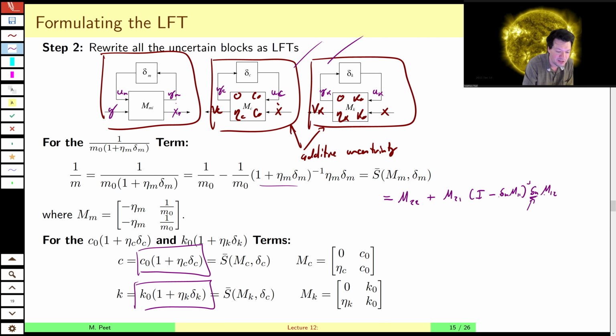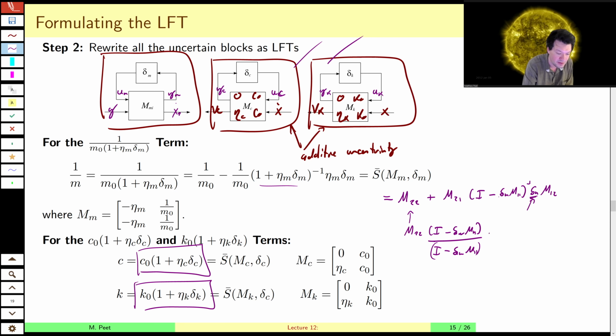So how do we do this? Actually what we do is we write this term here as M22 (I minus delta M M11) over (I minus delta M M11), right? So sort of an identity thing there.